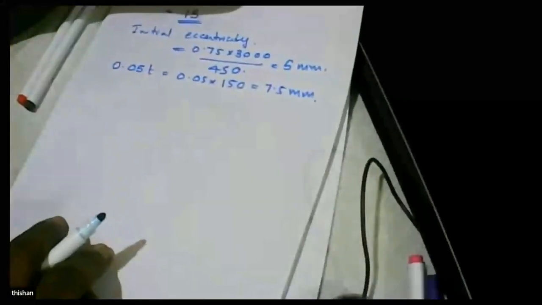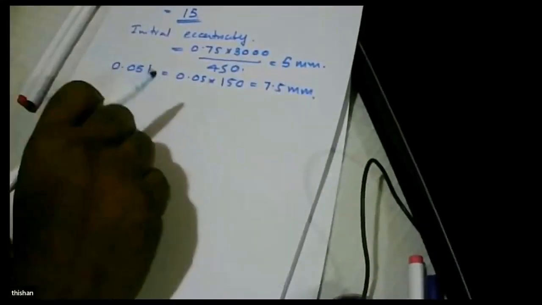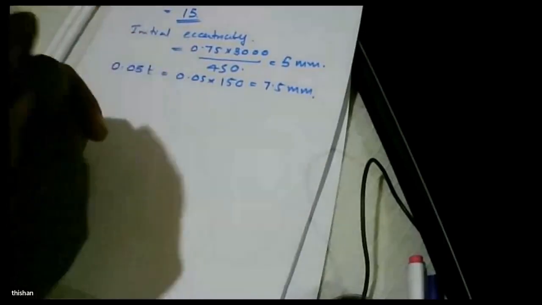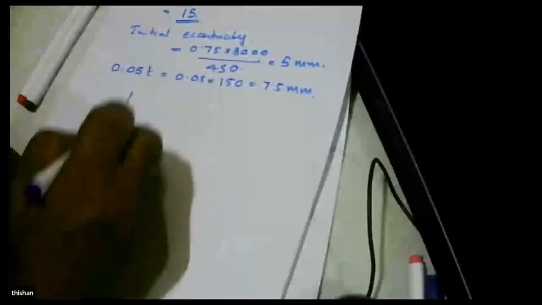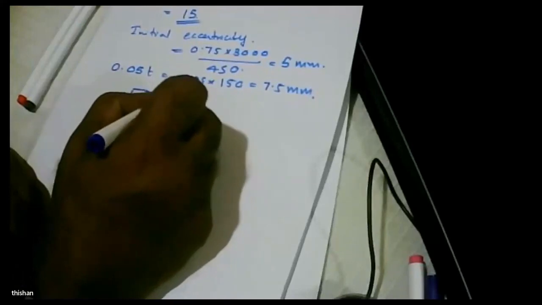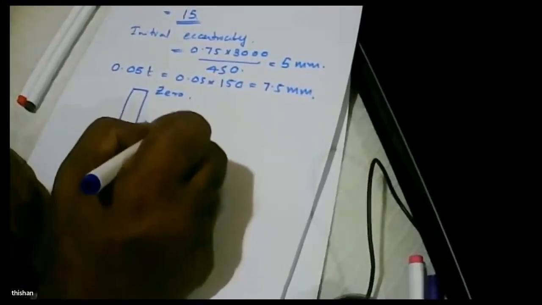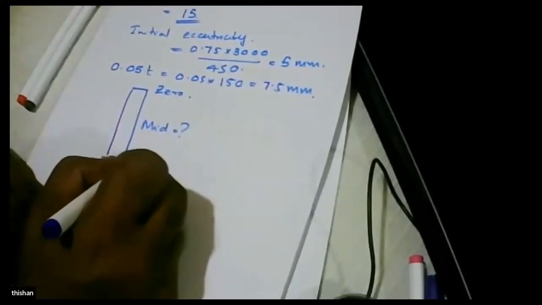So now we can see we have a slenderness ratio of 15. So let's see what is the effect of eccentricity. The eccentricity at the top is 0 and at mid height we don't know, that we have to find.